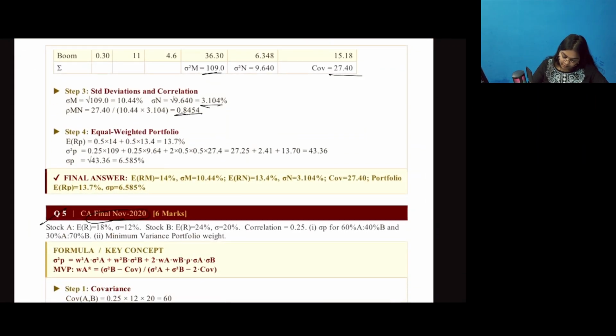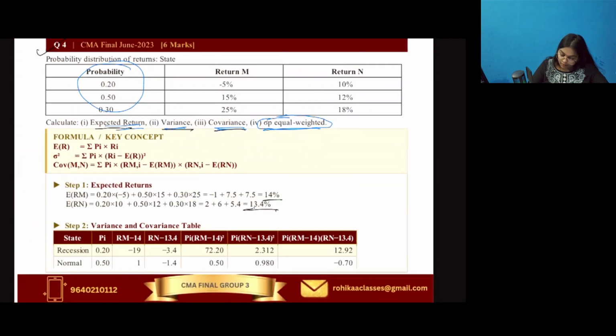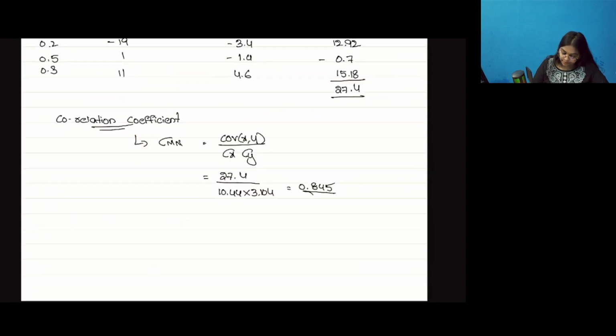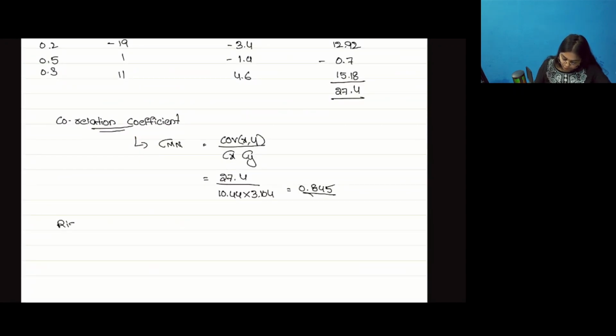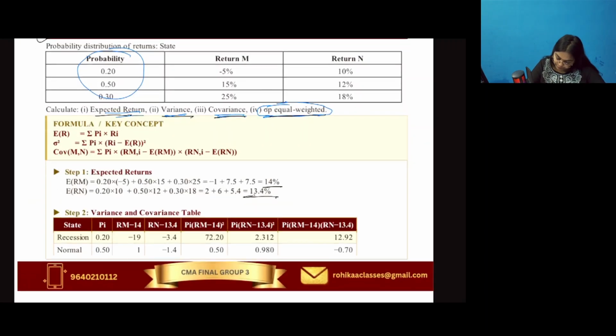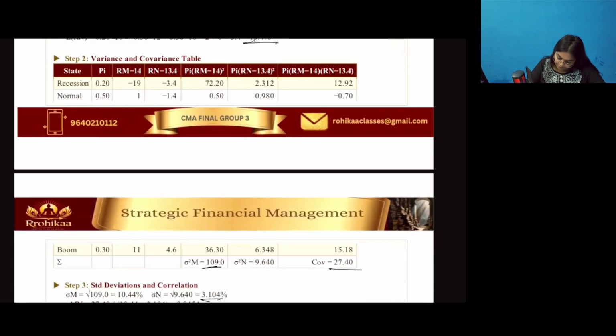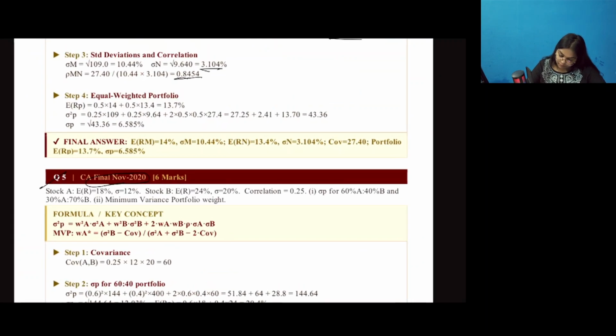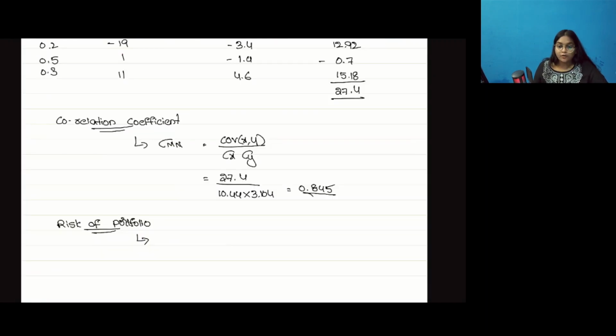And next they have asked to calculate risk of portfolio if it is equally weighted. First we'll calculate risk and then we'll go for return.